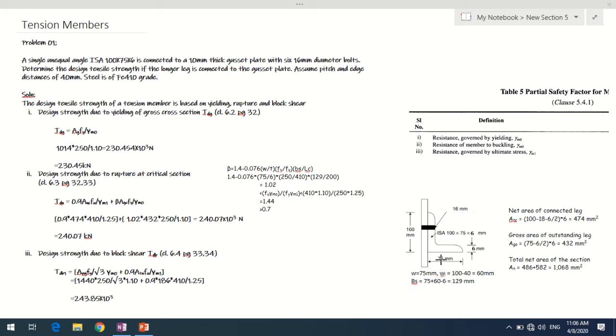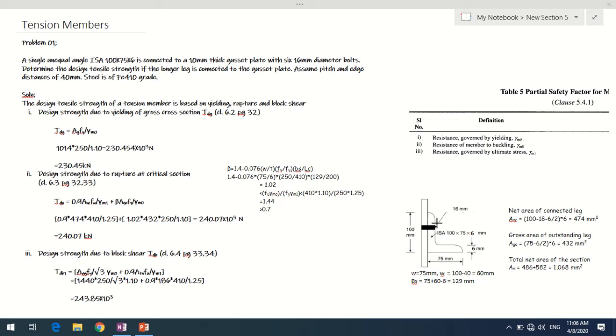W is the width of the outstanding leg, plus w1, which is this distance from the center of the bolt hole up to the root of this angle section.